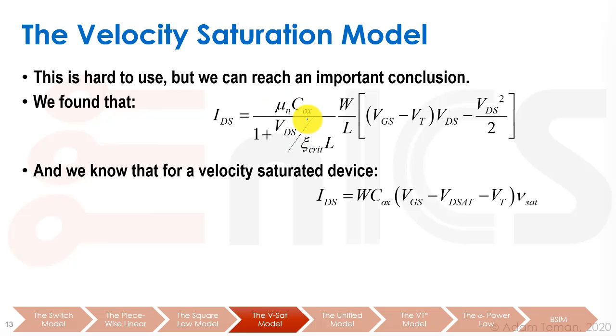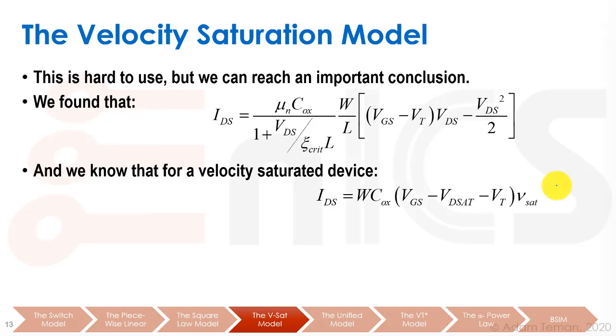But we also know that for a velocity saturated device, we should have what we wrote before: W times Cox times VGS minus VDSat minus VT, where VDSat is the saturation voltage, times VSAT, the saturation velocity. That should be the IDS, according to what we wrote a few slides ago.